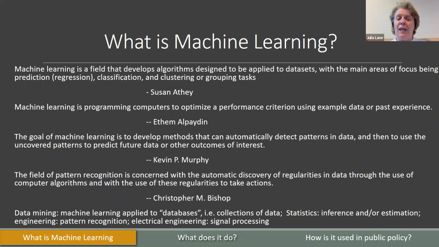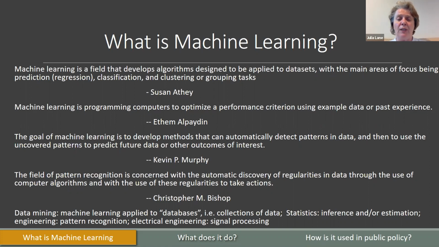Here are a bunch of other definitions. Susan Athey, who is an economist, talks about the goal of machine learning as being prediction and classification, or clustering and grouping tasks. Those are the main areas. We'll talk about those very practically in terms of public policy in just a minute.